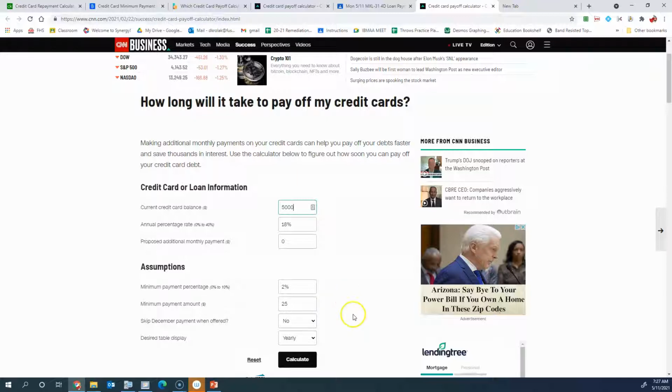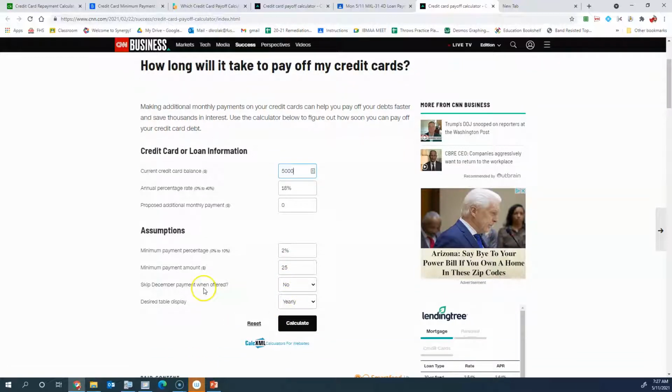So if we did that with $5,000, and let's see, our minimum payment amount right here, we'll just leave it as 25. Where it says skip December payment, we say no, and then it says describe the table, and we've got yearly, we've got monthly. Let's just do yearly right now.